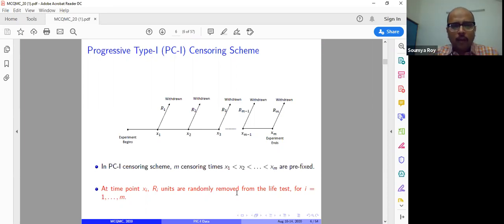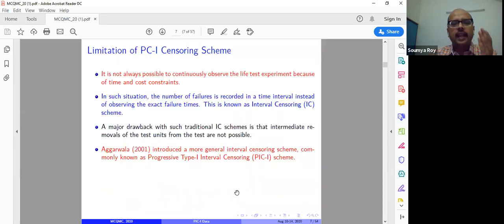Now, the problem with type 1, type 2, and as a matter of fact, the progressive type 1 censoring scheme, is that they assume that the items on test are continuously observed. But sometimes, because of resource constraints, it's not possible to observe the life test experiment continuously. In such a situation, we observe the number of failures in time intervals instead of the exact failure times.